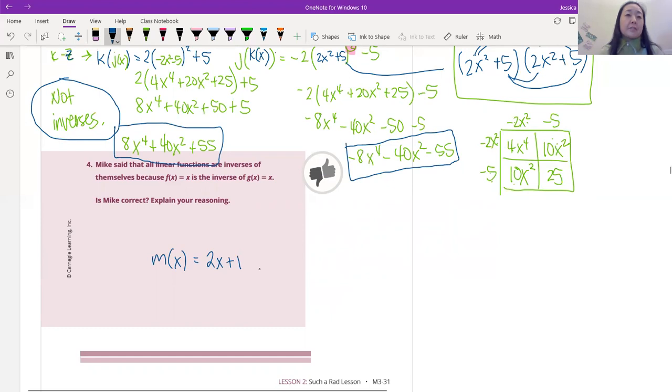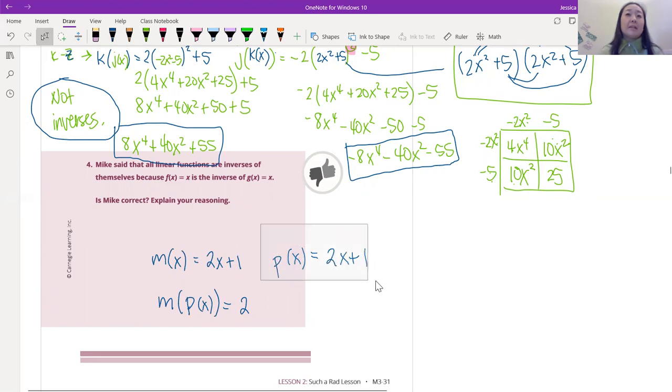Okay, so inverses of themselves. So let's try this out. Let's go m and p of x. So it has to be the same thing, right? So let's just try it out. So m of p of x, and if you can kind of see right now, it's not going to cancel out. Maybe you see it, maybe you don't.